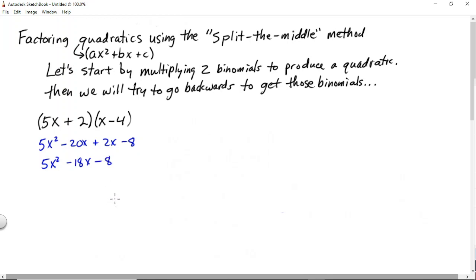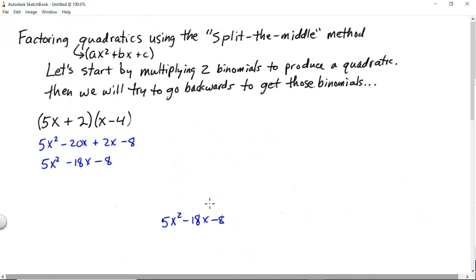And we want to see if we could start with that quadratic and actually find a step that will allow us to get to that step, and then from that step to go on to that. Okay, one step at a time, but backwards. So we'll actually write it out backwards this time. We'll start down here and we'll go up the page and see if we can make this work.